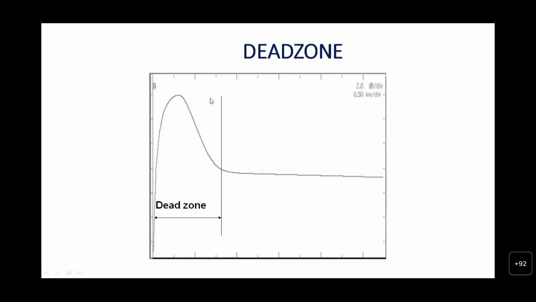So the dead zone portion is being indicated here, where the measurement will not be taken. This 100 meters dummy cable will be connected. After that, only the actual testing cable will be connected and the values measured.